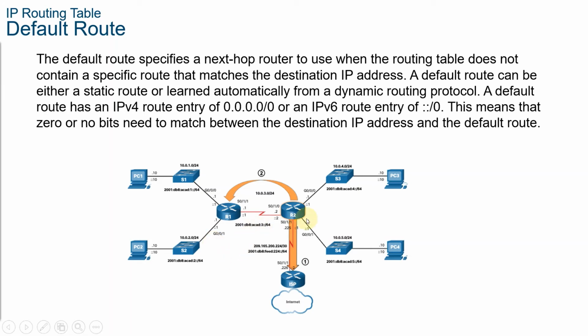So R2 has the static route to the ISP, and then R2 will forward any packets with a destination IP address that does not specifically match one of the networks in its routing table to the ISP router. So this would include all packets destined to the internet.